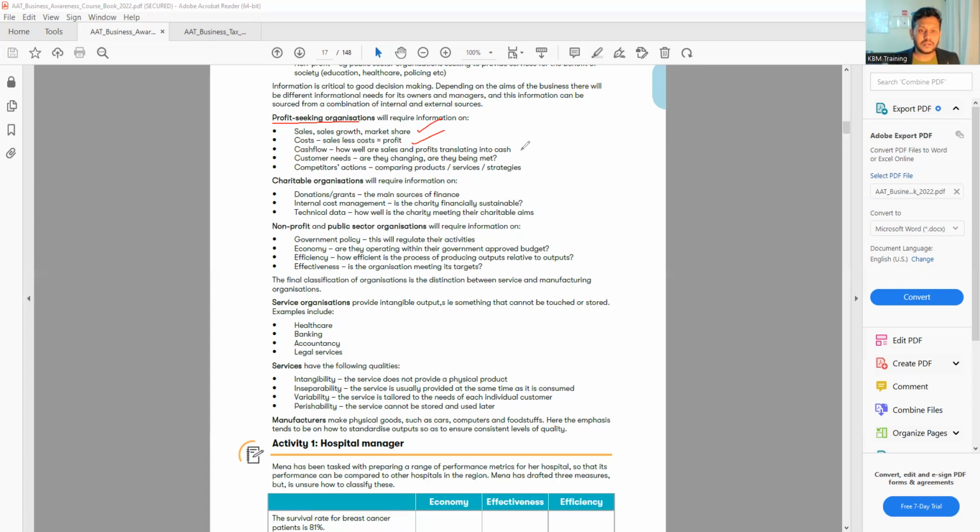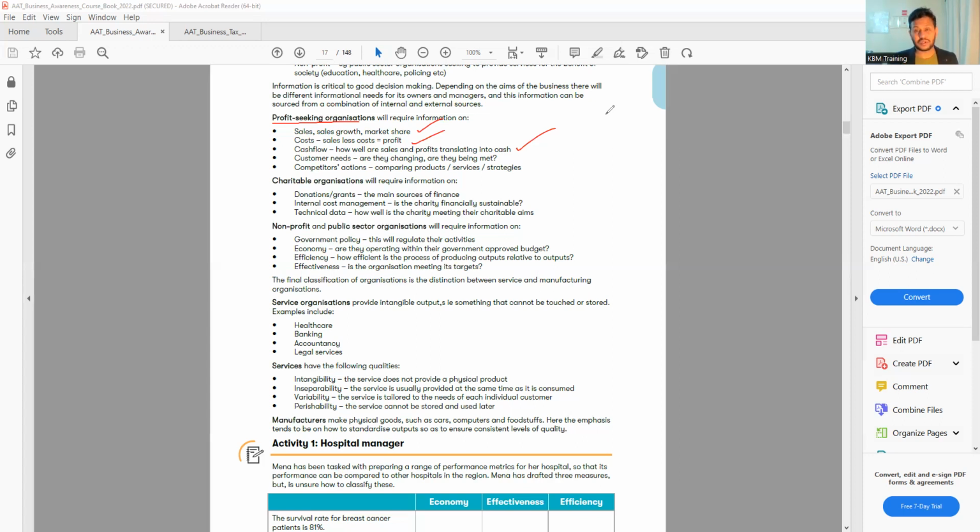Then I look at the cash flow. How much cash is coming into the business, how much cash is going out of the business, because when you prepare the accounts, you prepare them based on the accrual concept. And according to the accrual concept, what do we understand? It doesn't matter whether we make the money or not, receive the money or not, or pay the money or not, we have to record it for that period.